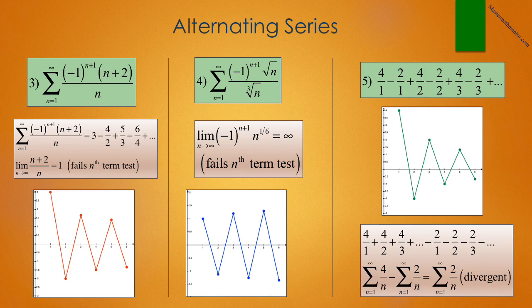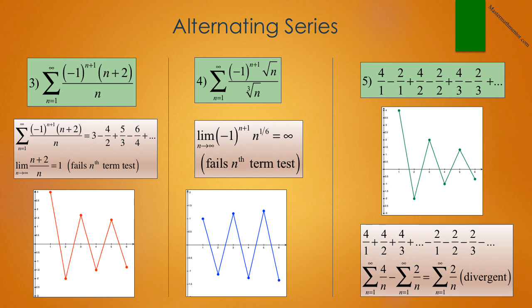This is where we get a little bit clever though. If we rearrange our terms, putting all the positive terms first and then all the negative terms, we have 4 over 1 plus 4 over 2 plus 4 over 3 plus dot dot dot minus 2 over 1 minus 2 over 2 minus 2 over 3 minus dot dot dot.